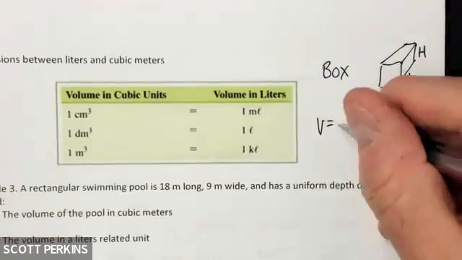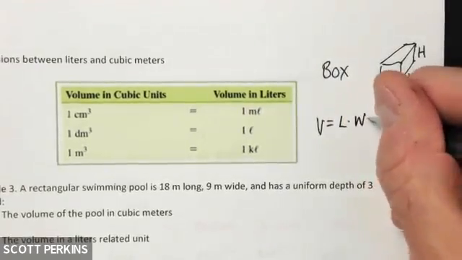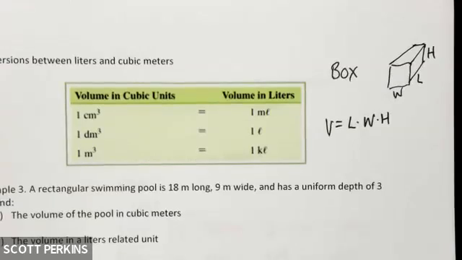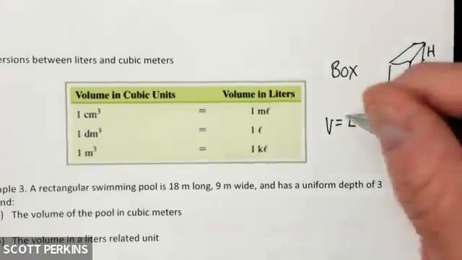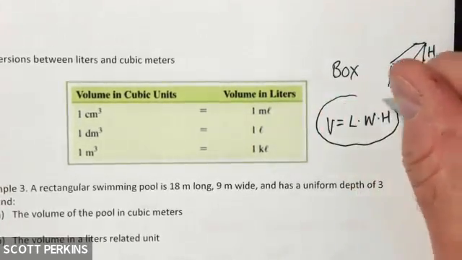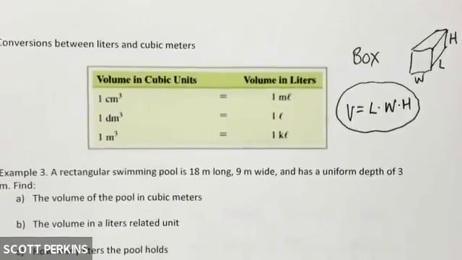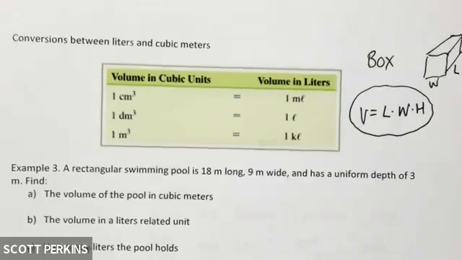To find the volume of the box, it's just the length times the width times the height. Okay, that's it. You just multiply the 3 dimensions together. That is all. So circle that. You're going to need that on your homework. You'll need that on the test, because this is my favorite problem in these first 2 sections. So I definitely put one of these on the test. So just keep that in mind.